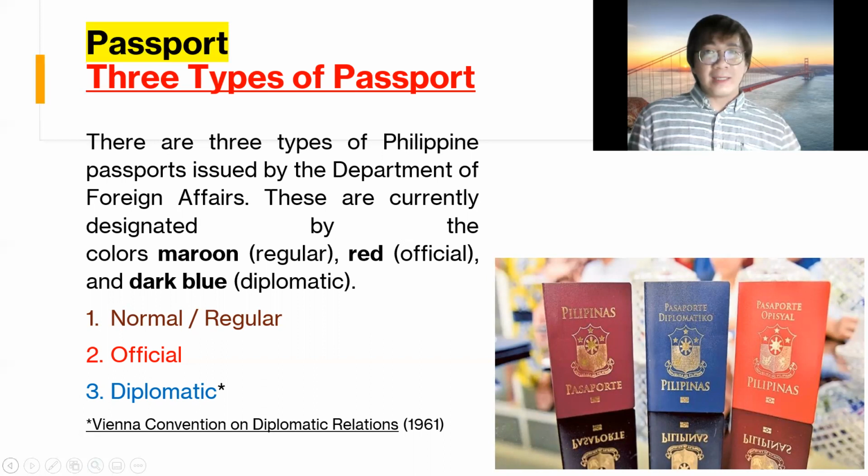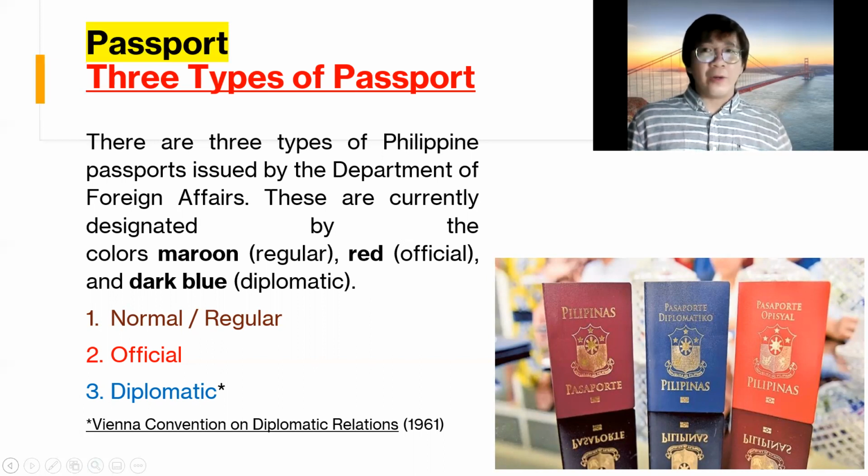Official, it attests three things: your identity, your citizenship, and it attests that you are an official, either elected, career, or appointed official of the Philippine government. So it has a certain special bearing whenever you apply for a visa.